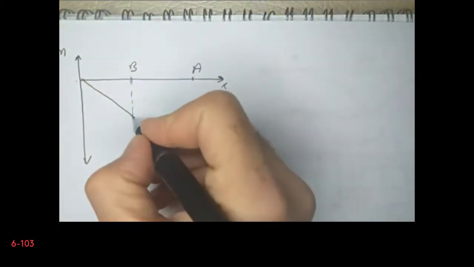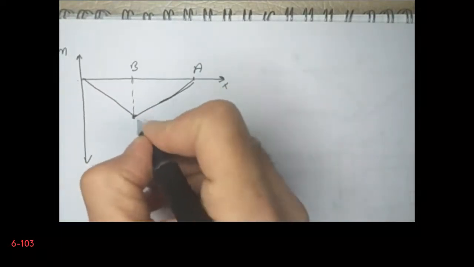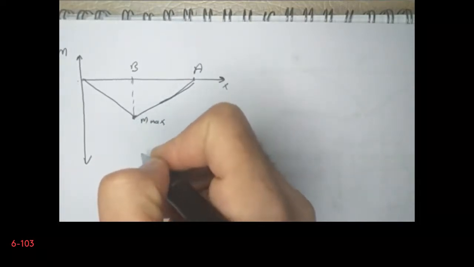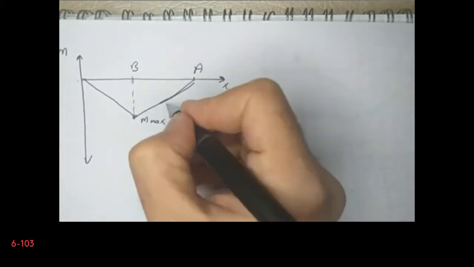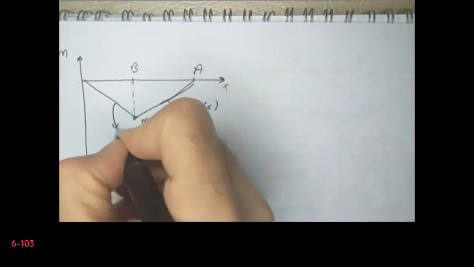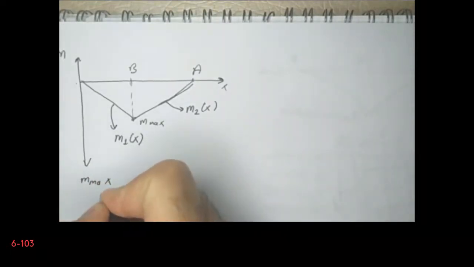Okay, so now as a result, the moment at point A is 0, and therefore we can easily see the maximum bending moment at point B from this graph, because this is M2 versus X and this is M1 versus X. So we can easily say that the maximum is at M1 with X equal to L2.